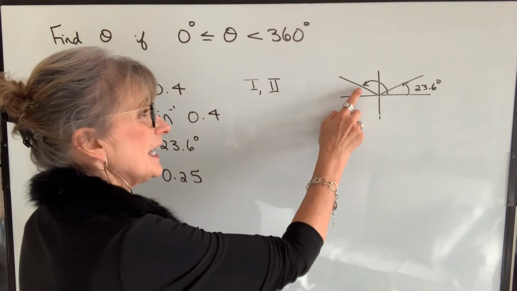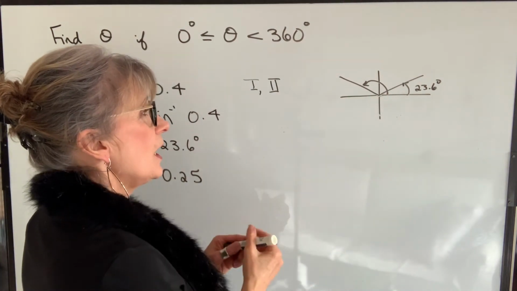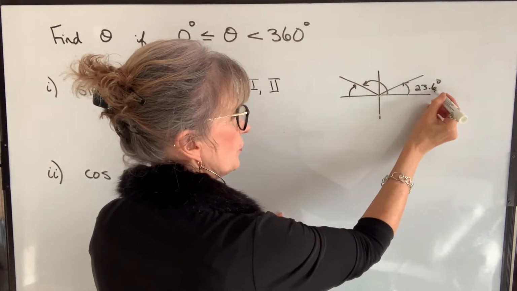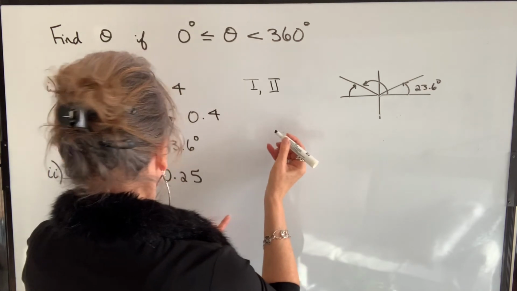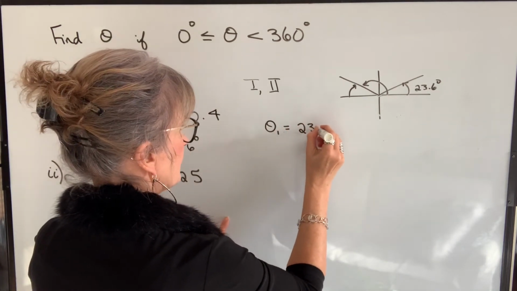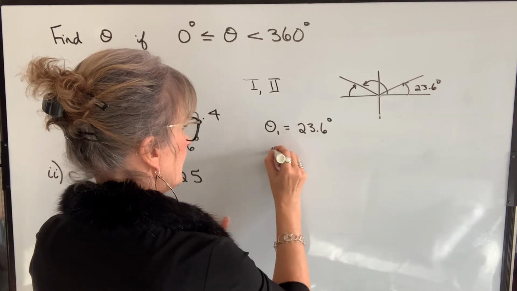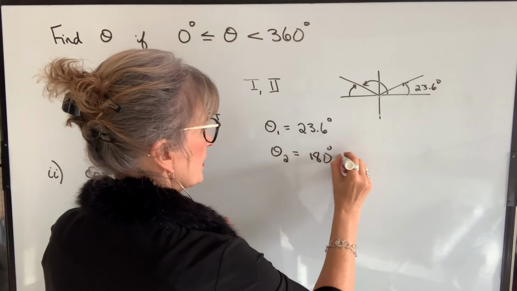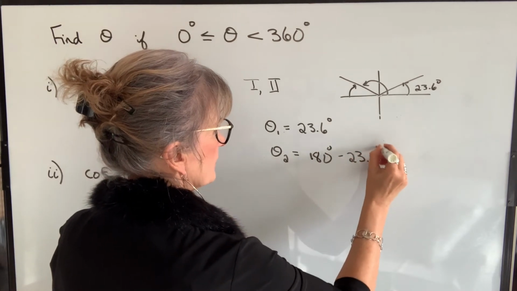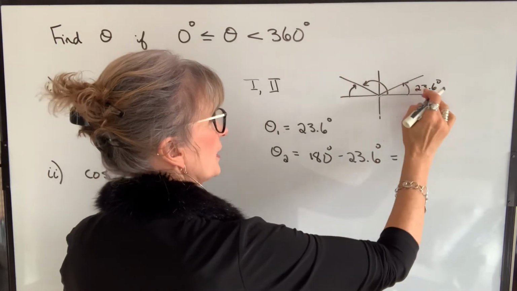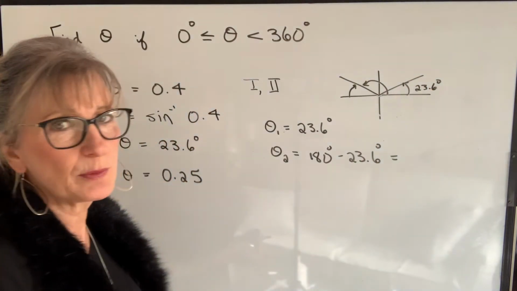I want to find the angle in quadrant 2. I know that the amount of rotation from the horizontal axis will be 23.6 degrees. So I'm just going to write angle 1 is 23.6, so that's one of my answers. To get the second angle, I'm going to take 180 degrees and subtract 23.6, because that amount of rotation will be equivalent to my reference angle of 23.6.